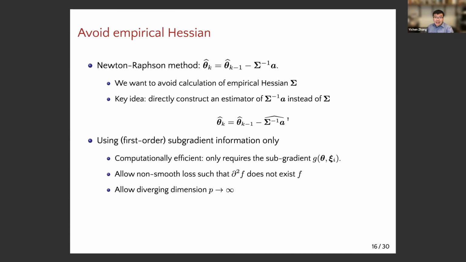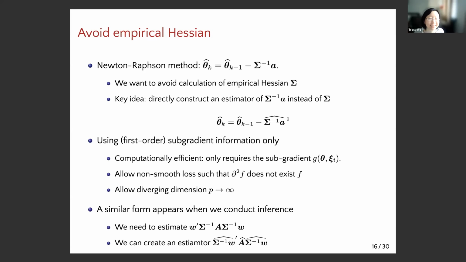We don't want any access to the Hessian, or second order subgradient information. It not only gives us computational efficiency, but also avoids the issue of non-smooth loss, so it allows the non-smooth loss case. And it also allows divergent dimension in practice, because in a divergent dimension, that's time consuming.